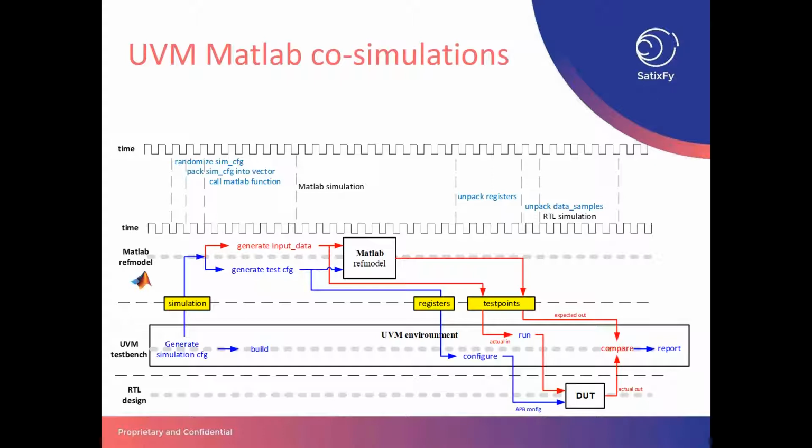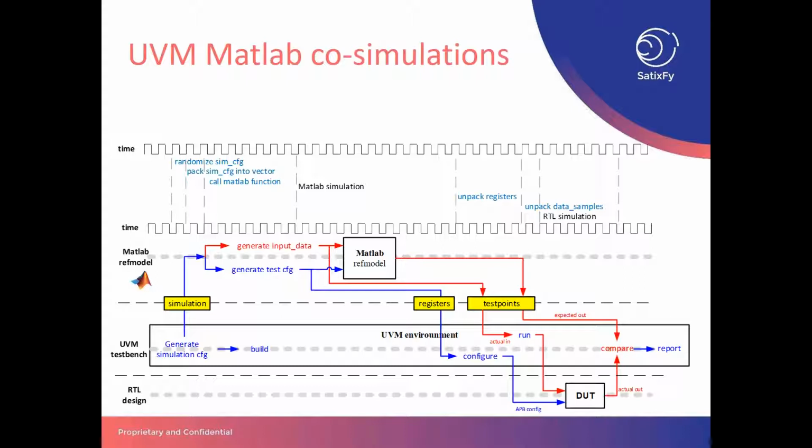The second thing, you would like to generate the configuration of the design based on the input vector that you want to drive in. So you want to be in a position that both the design and the Matlab are doing exactly the same simulation. And the third point, you will need from the Matlab the test points on all those points that you want to monitor, and at the end compare the DUT versus the reference from the Matlab.